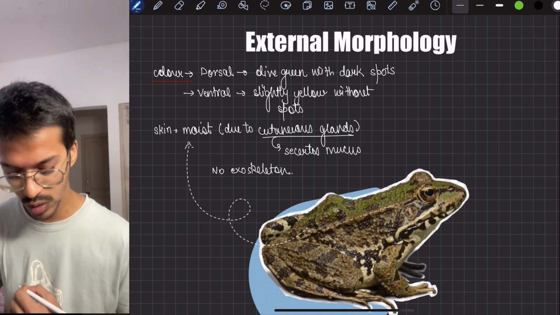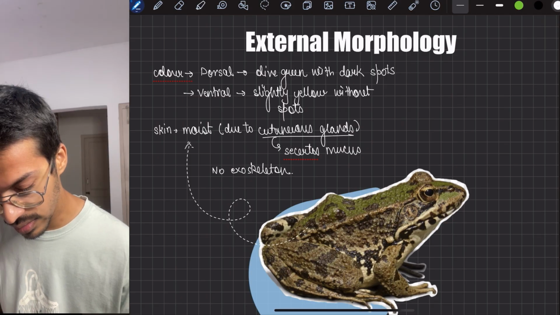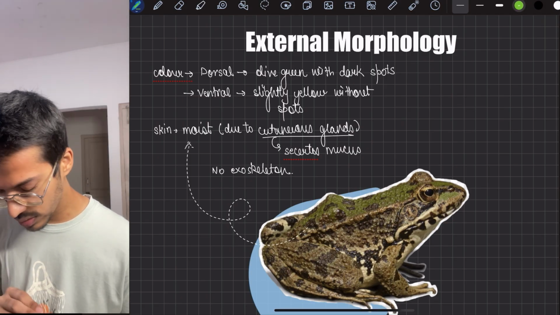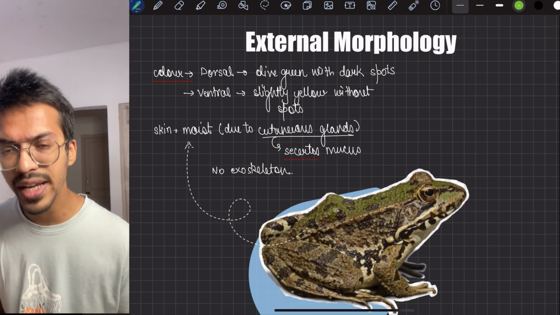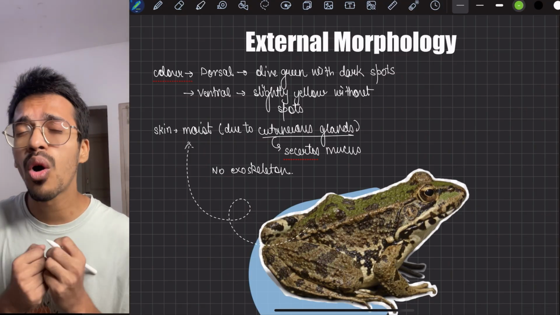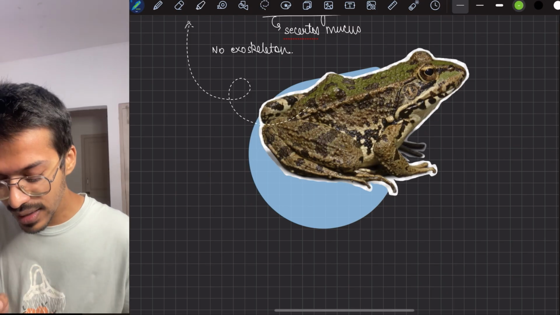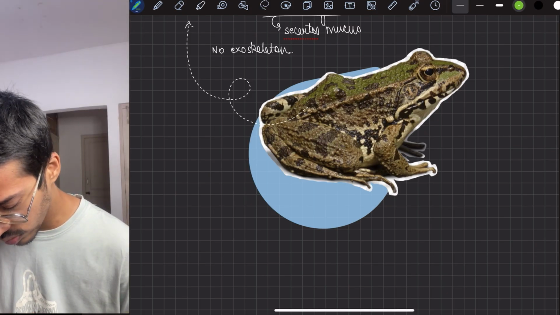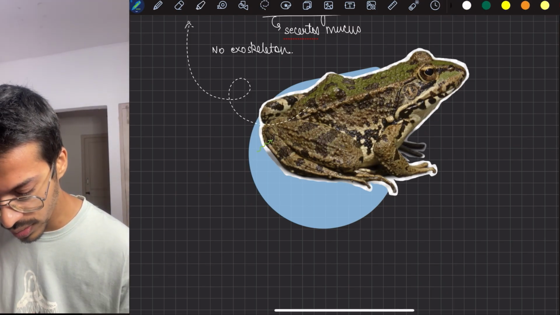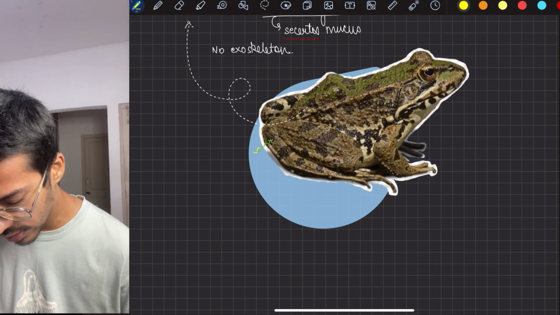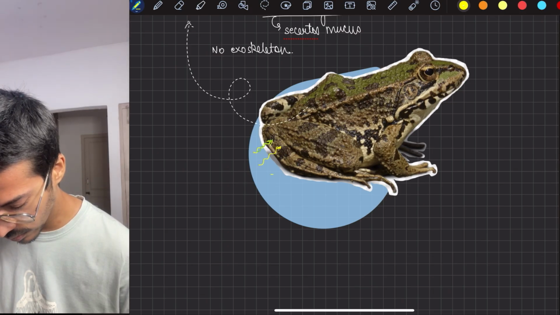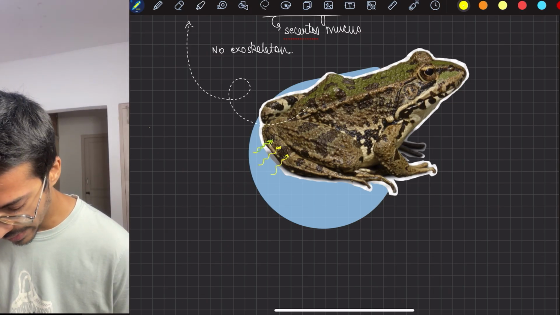Moving on, the skin is hygroscopic, which means it absorbs water. So the skin absorbs the water and they do not need to drink.